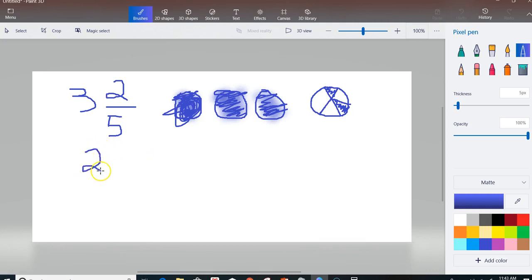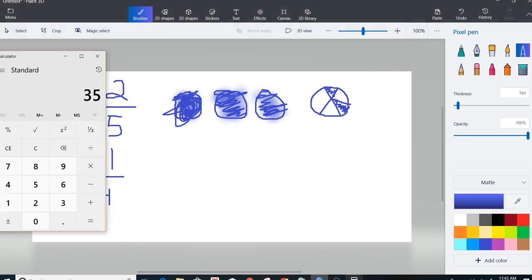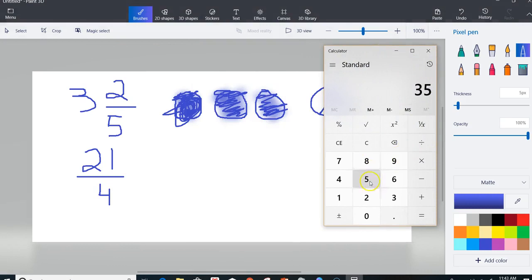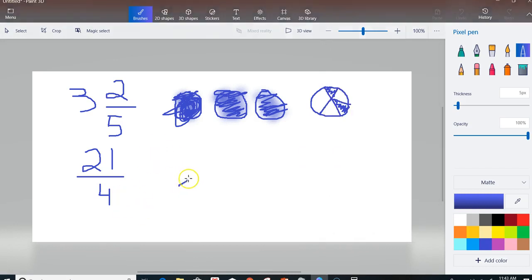Let's write 21 over 4 as a mixed number. This is, of course, a fraction. For this, you can also use your calculator. We can also use division. 21 divided by 4.